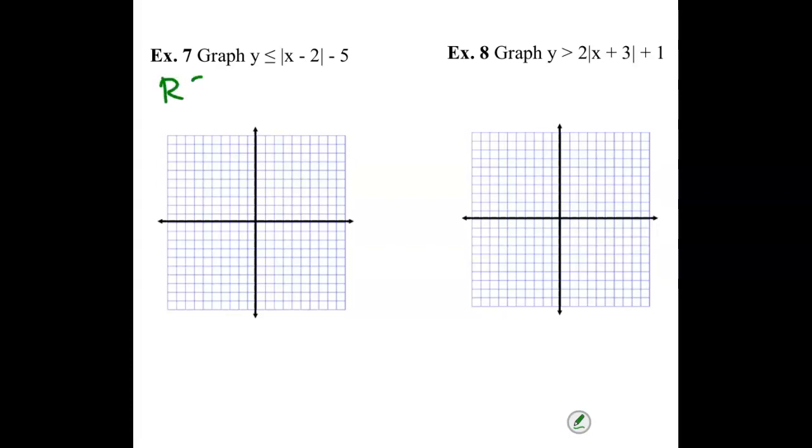Are we in agreement? Right 2, down 5? Okay. No change in the slope? We haven't stretched or compressed or flipped. Okay? So the slope on the right side would be just a 1. All right. Let's plot our vertex. We're going to go right 2 and down 5.